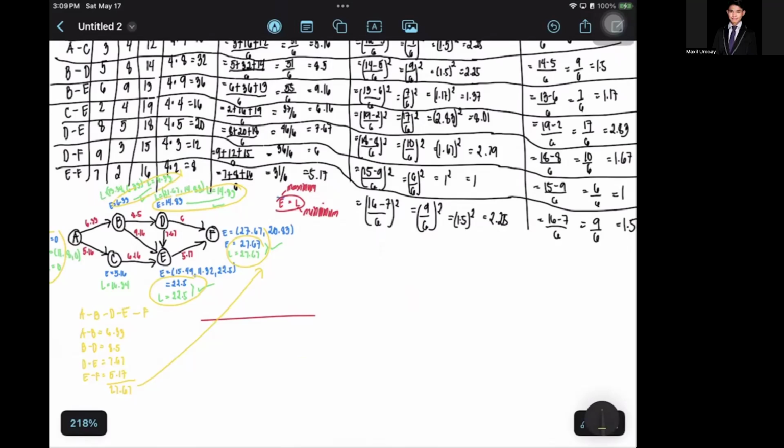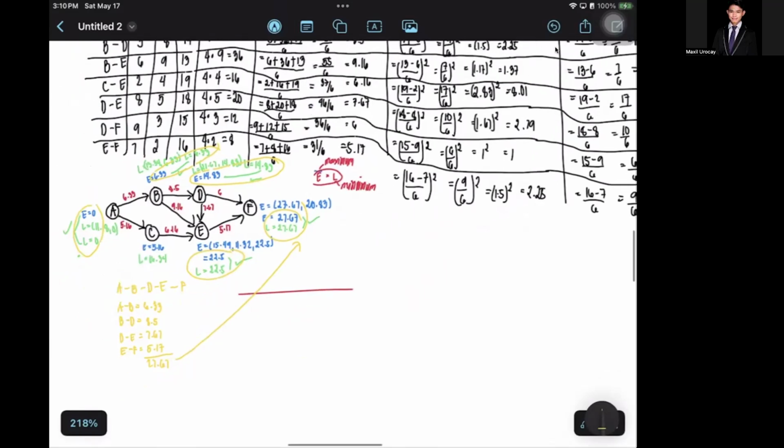Let me just review. I forgot to put it in here. So let me reiterate, class, this is the expected project duration already. The expected project duration is 27.67 days. That was stated right there.